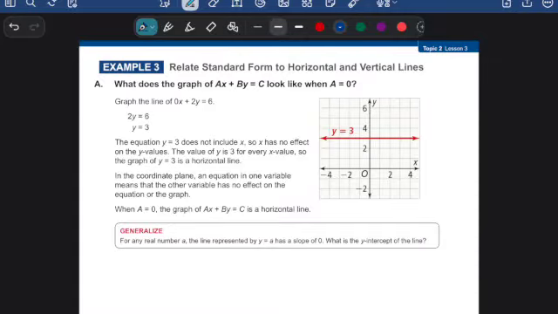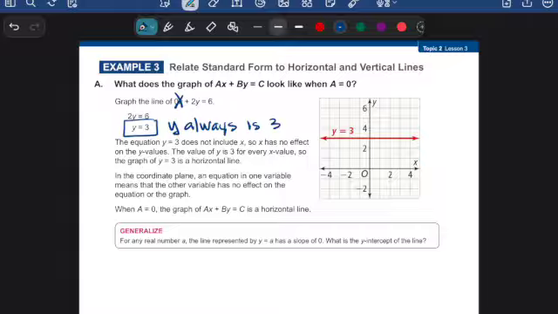When a equals 0, or when the coefficient for x is 0. So what does that look like? Well, if the coefficient for x is 0, that term goes away. I just have 2y equals 6. Dividing by the coefficient, I have y equals 3. What does this say? This says y always is 3.